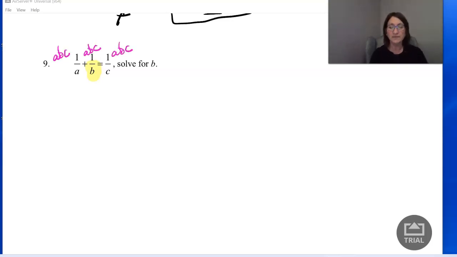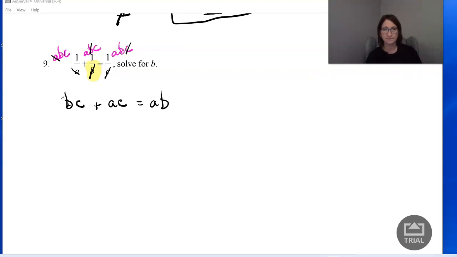So now we're left with the A's reduce. So we've got BC plus the B's reduce. We've got AC equal. The C's reduce, and we've got AB.